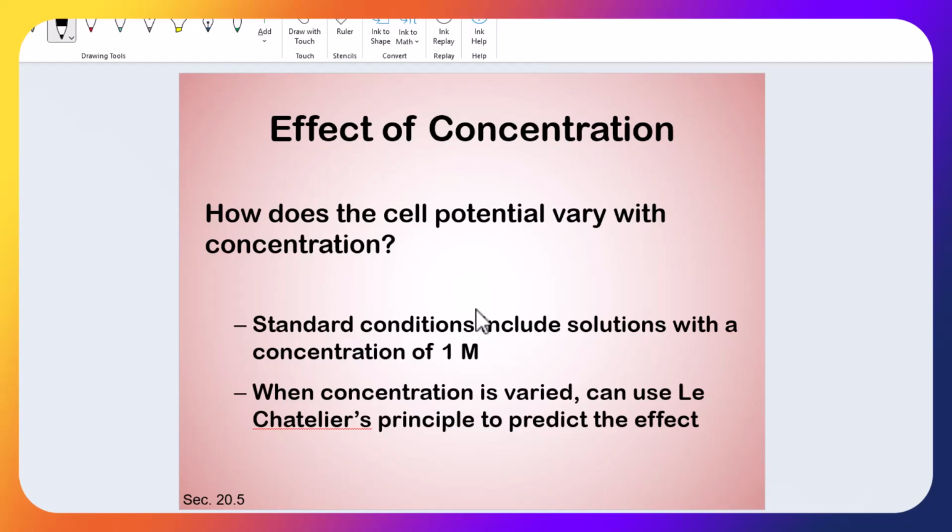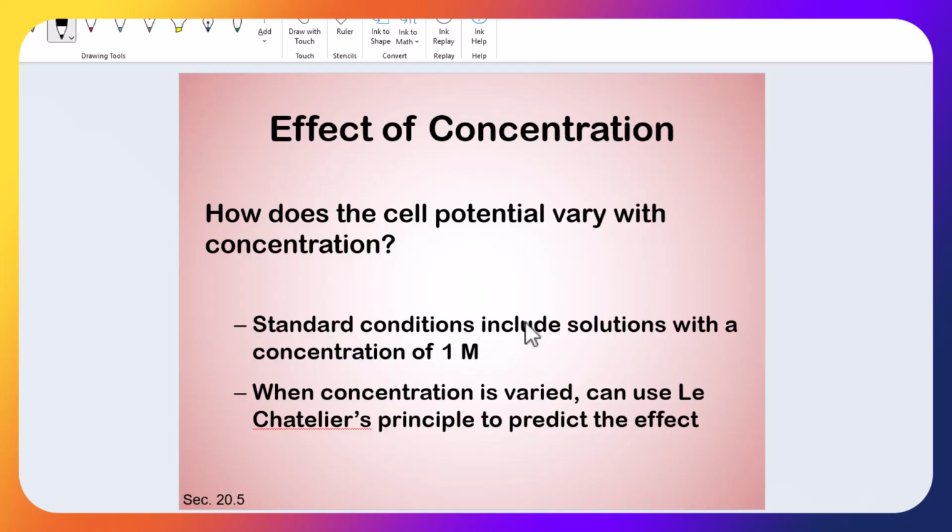If the reaction is running in reverse, or the cell is discharging, if you boost some product, it's going to run in reverse based on Le Chatelier's principle. That will decrease the cell potential.